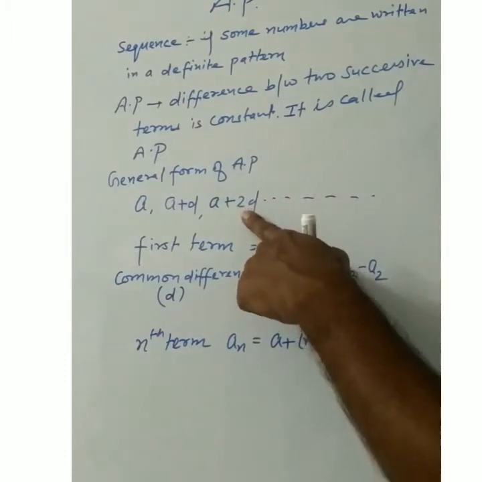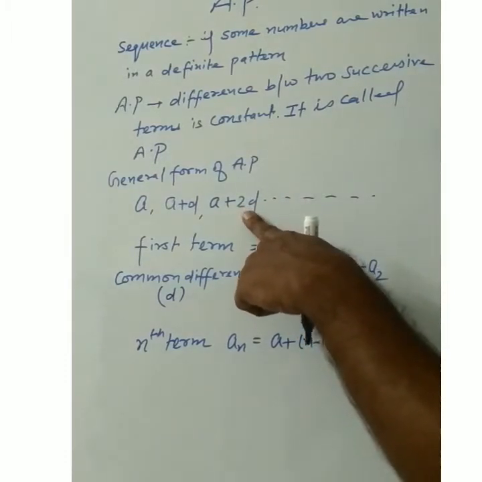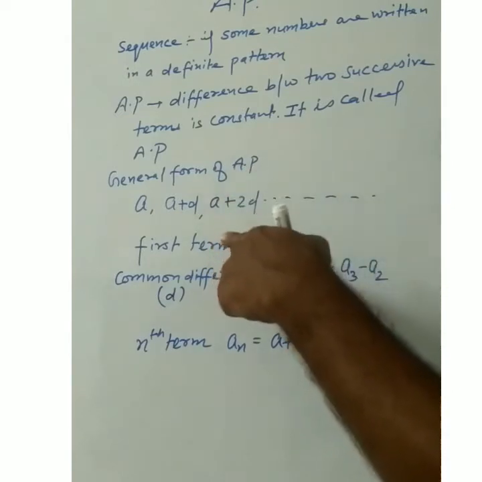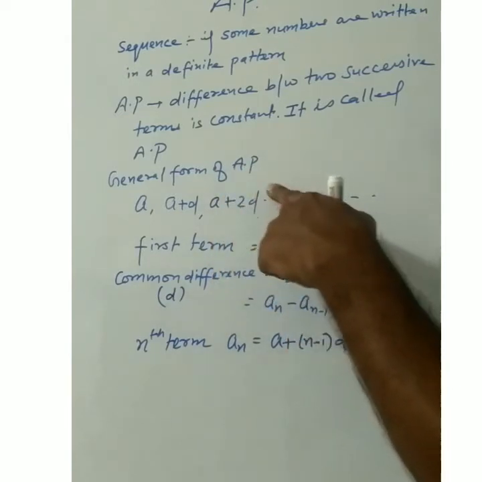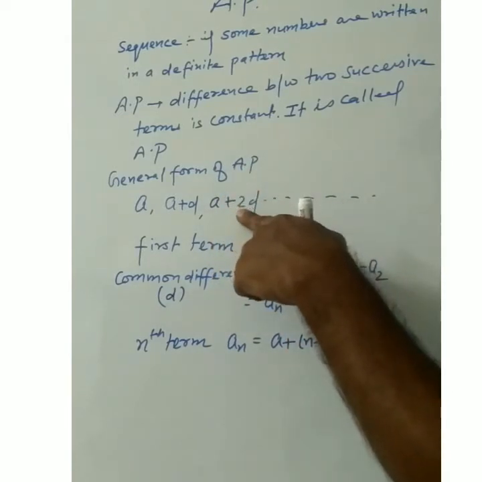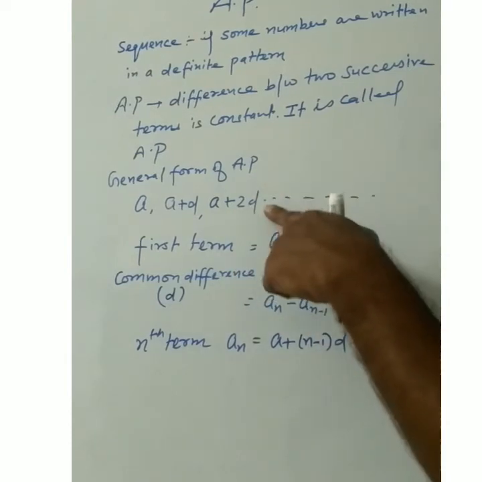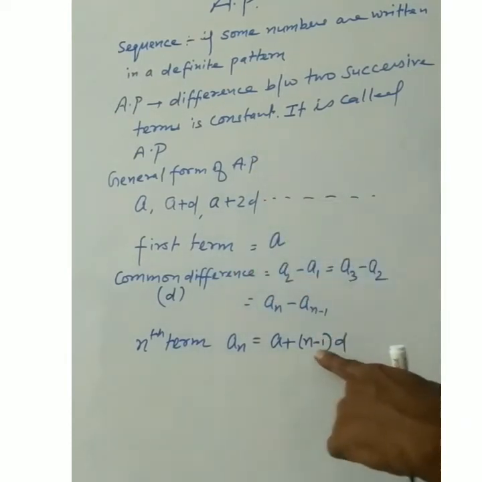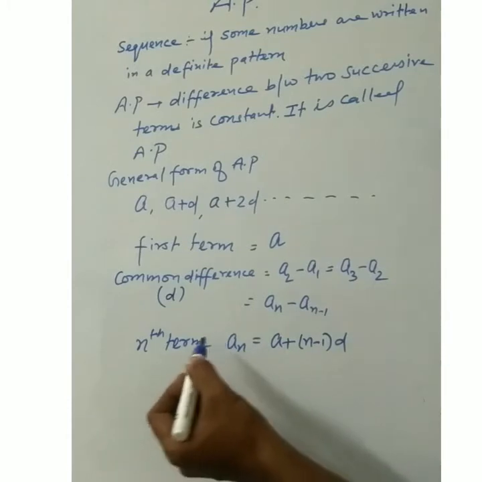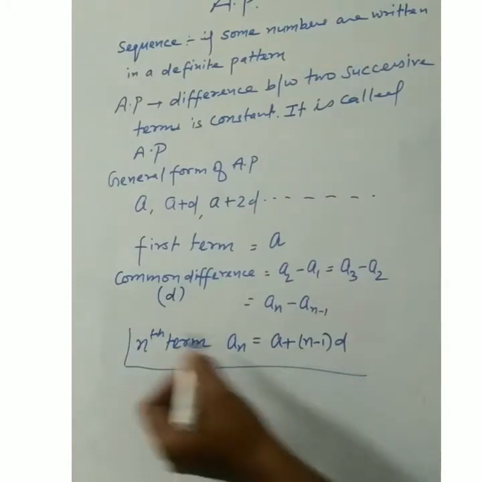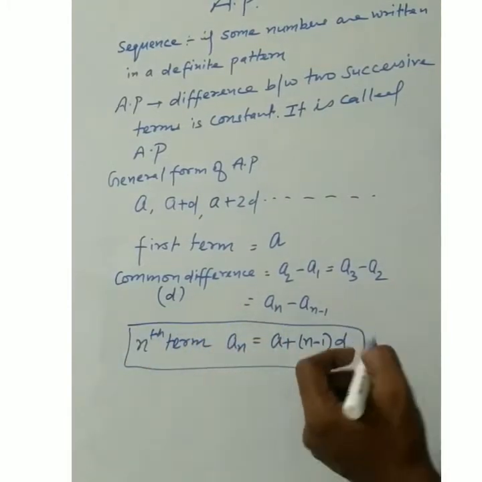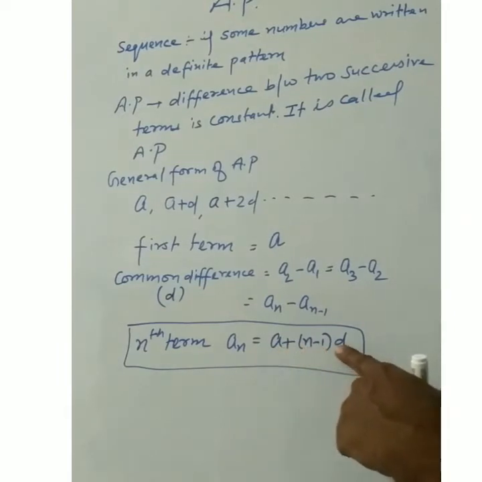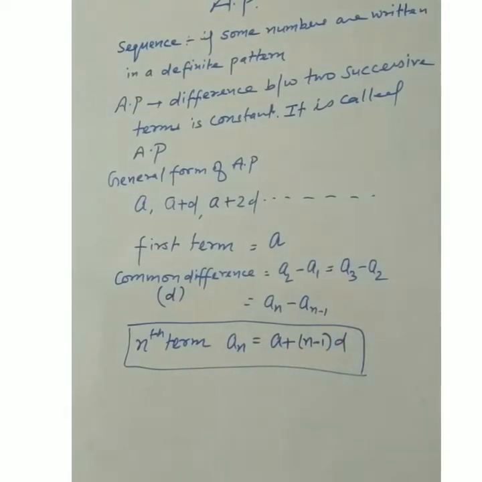Whatever the term number is, we get D as 1 less than that term number. If it is the third term, we get 2D. If fourth term, we get 3D. So in the nth term, we'll get (n minus 1)D. This is the formula to find the nth term of AP: an equals a plus (n minus 1) into d.